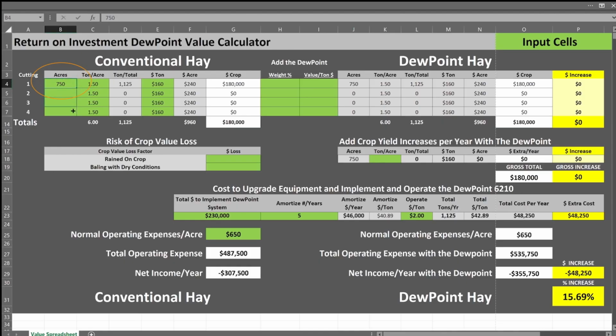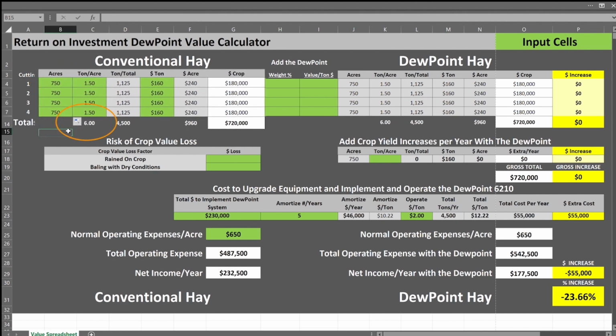Here's what we're going to do. We're going to sit down, we're going to actually go through this spreadsheet, and we need to come up with a total number of acres that we're going to do. So on this farm operation that we're doing a value assessment on today, we're going to do a 750 acre hay farm. And we've assumed that this hay operation is going to be about 6 tons per year.